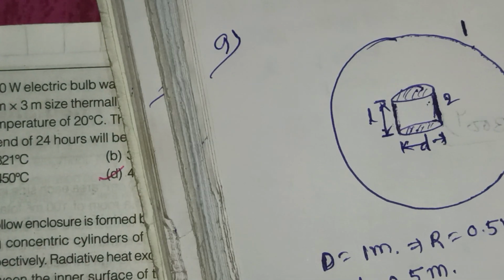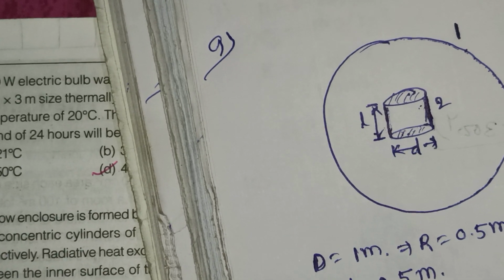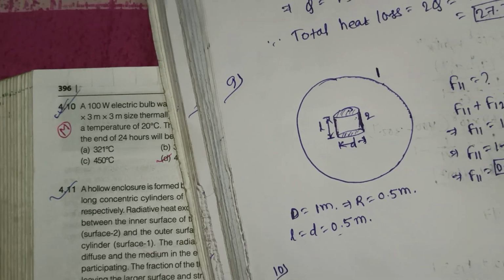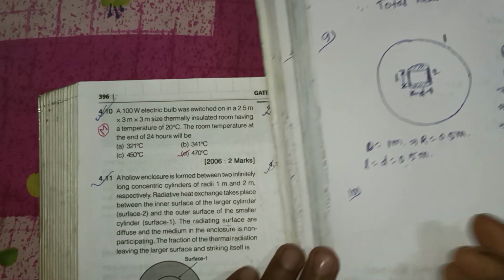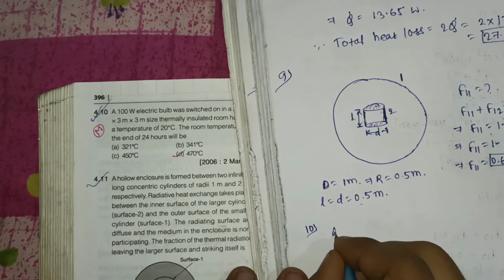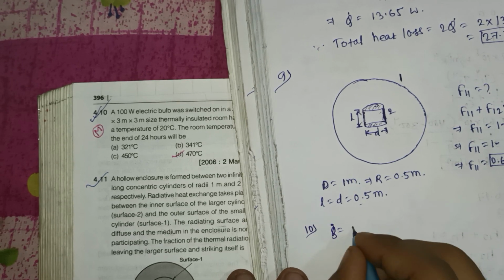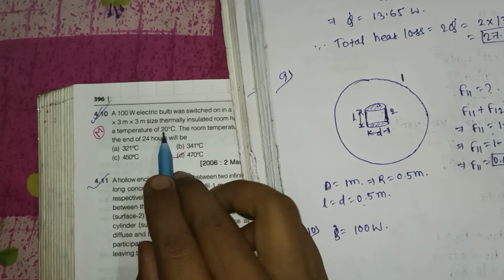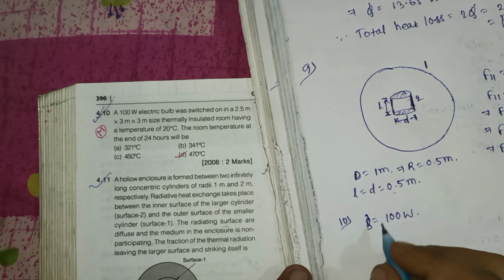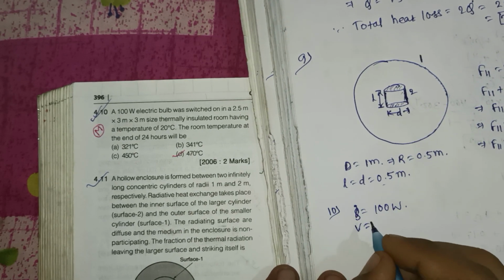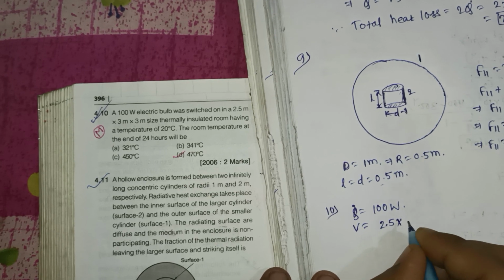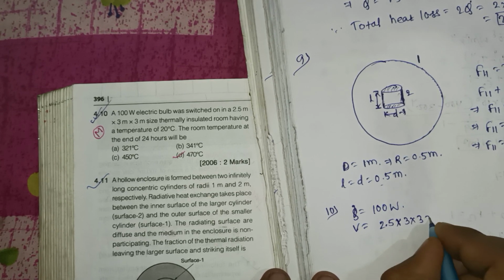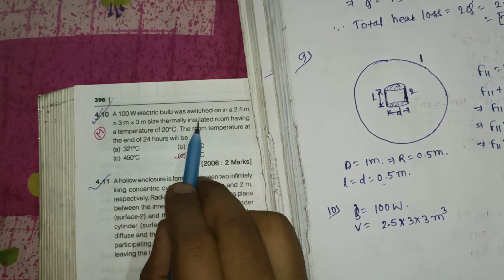So what is given in this question? The heat transfer rate Q dot equals 100 watt, as the electric bulb is switched on. The volume of the room is 2.5 into 3 into 3 meter cube, thermally insulated.